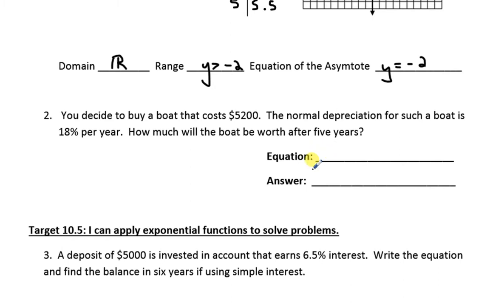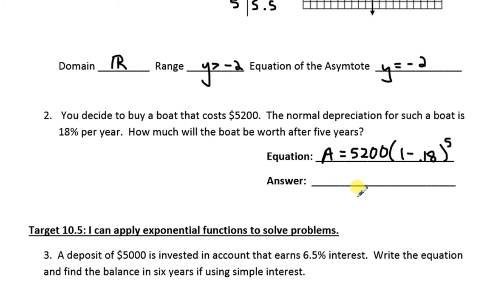That'll be the form, and you'll have a note sheet with the different formulas, but our amount that we're going to end up with is going to equal our starting amount, which is P on our notes, 5,200. That's our initial amount. And then it's going to be 1 minus the rate. 18% is 0.18. And for 5 years. So our t is up here.